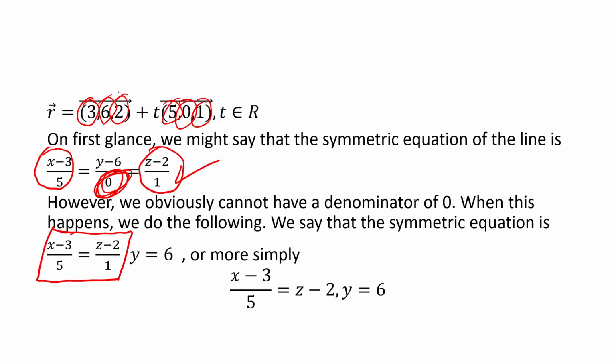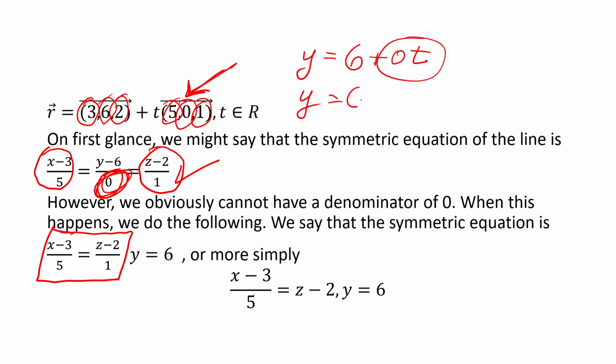And then let's think about what it means for one component of a direction vector to equal 0. If the y component of the direction vector is 0, then in the parametric expression, we're basically saying that y equals 6 plus 0t. Well, 0 times t is 0, so we're basically saying y is 6 and that it can't change.